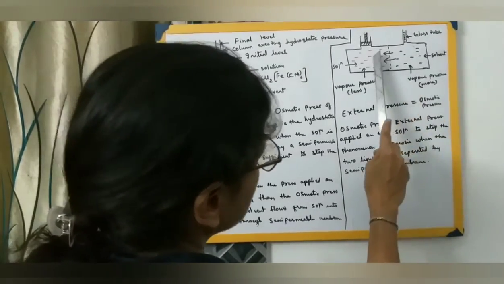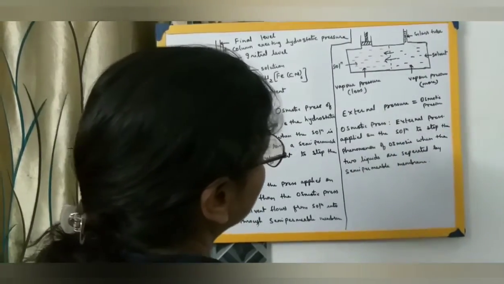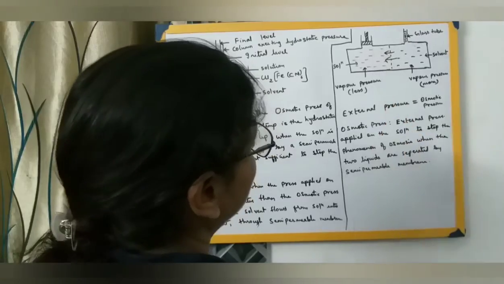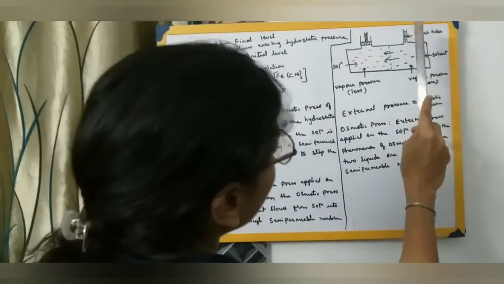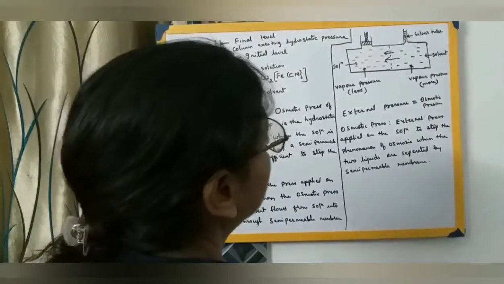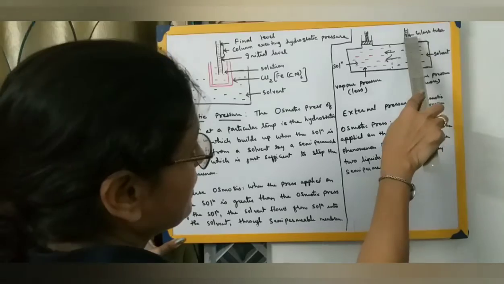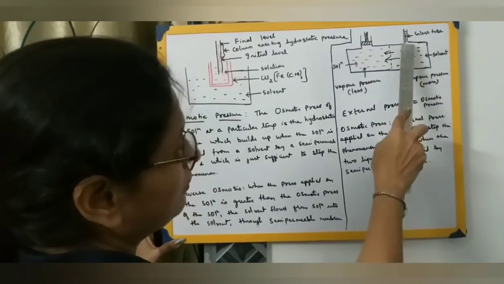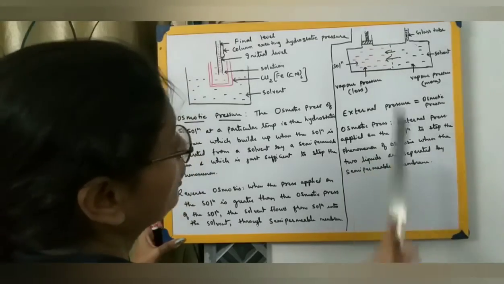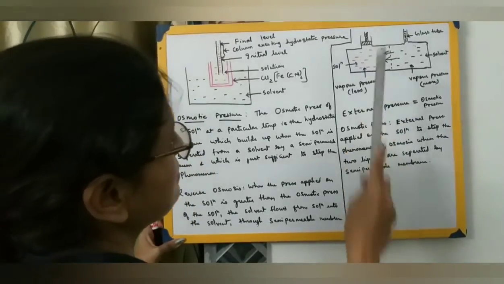The solvent molecules were moving into this column over here, but as the external pressure has been applied, it will stop the movement of these solvent molecules. So there will not be any further decrease in the level of solvent molecules in this particular container. So that means what? We have stopped the process of osmosis. How have we stopped it? By applying an external pressure.